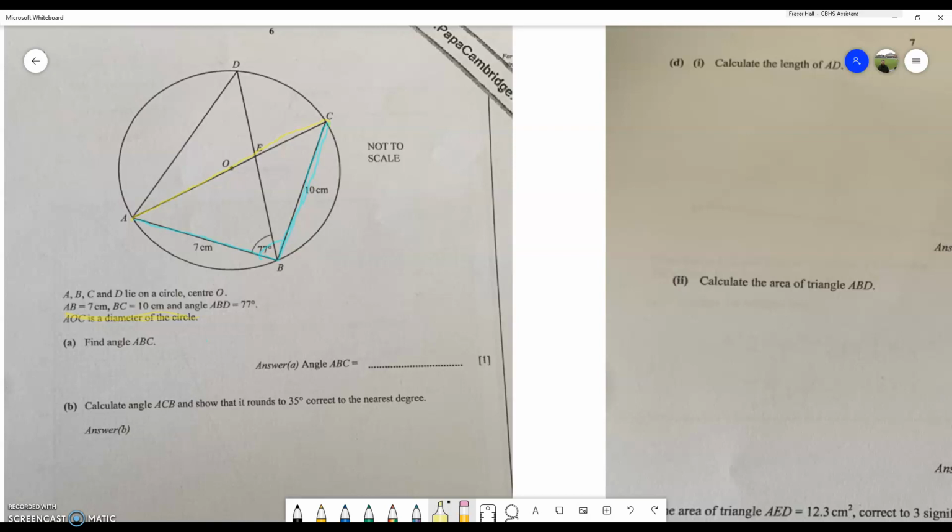And the alarm bell should tell us that there's a rule saying that any angle in a semicircle, which, because that's a diameter, that would be a semicircle, any point or vertex that touches the circumference in a semicircle is 90 degrees. So straight away, we should be able to write that that's 90 degrees, and if we're asked for a reason, it's angles in a semicircle.